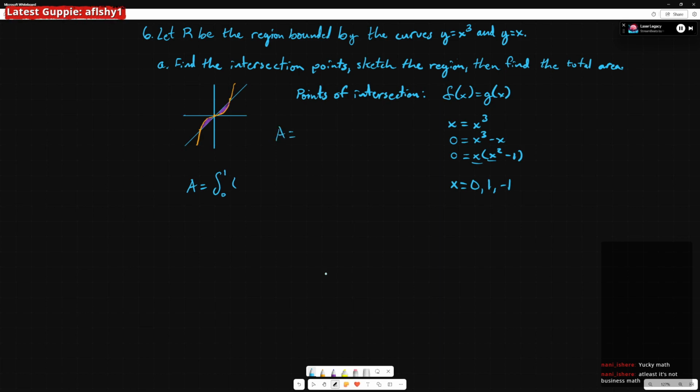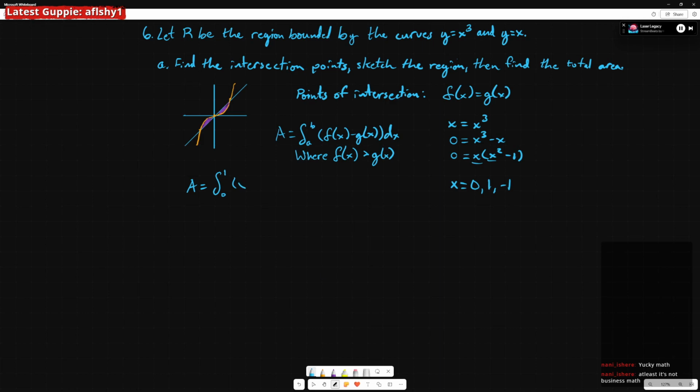So A is equal to the integral from a to b of f of x minus g of x dx, where f of x is greater than g of x.